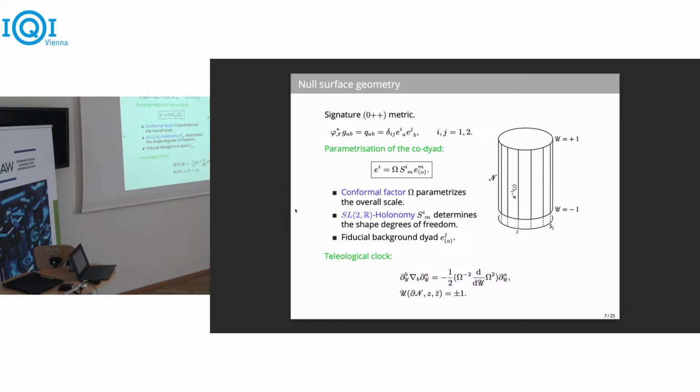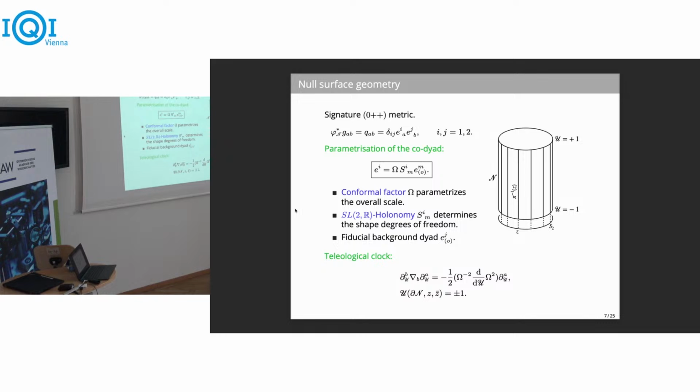So these triangles should all have the same area, but different shapes. Going from here to there, you have an SL2R, and going down, you have a conformal factor. This encodes the geometry.